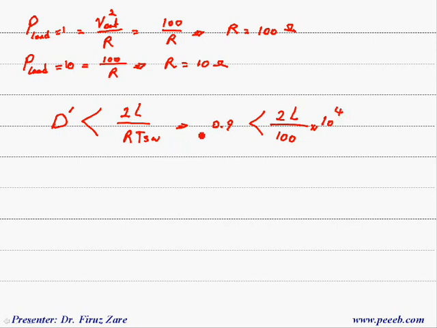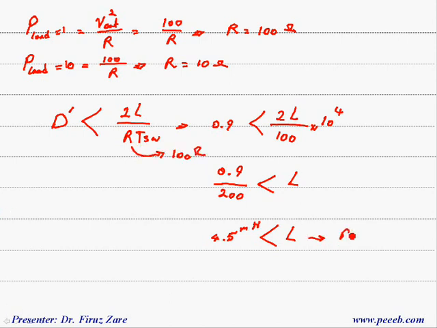So from here we can find that the inductance value should be less than 0.9 divided by 200, or the inductance value should be less than, for this case, 4.5 millihenry.